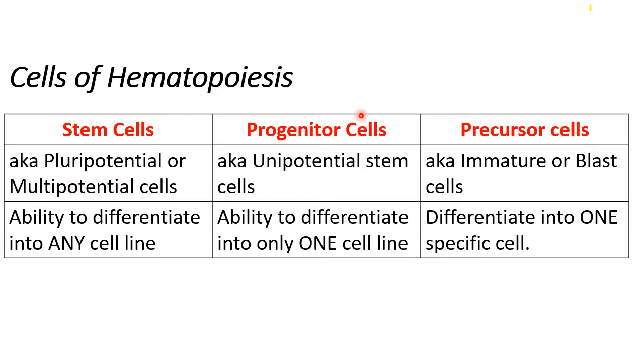Okay? Si progenitor cells naman ay tinatawag na unipotential. Uni means one. So, only one cell line ang kaya niyang i-produce. And then, si precursor cells, ito ang mga stages na i-memorize natin usually. And this is also known as immature or blast cells. And it can only differentiate into one specific cell.